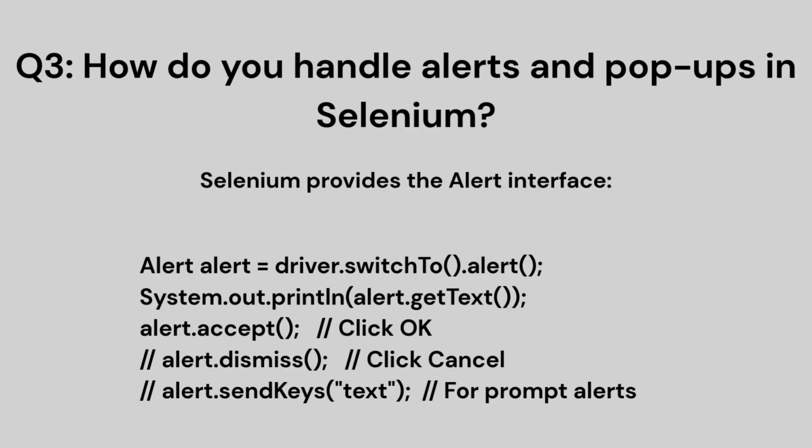So what we can do is specify Alert alert equals driver.switchTo().alert(), and using this alert we can use specific functions like alert.accept to click on OK, and alert.dismiss if you want to cancel the pop-up. We can also use the sendKeys function like alert.sendKeys and specify the text to handle prompt alerts.